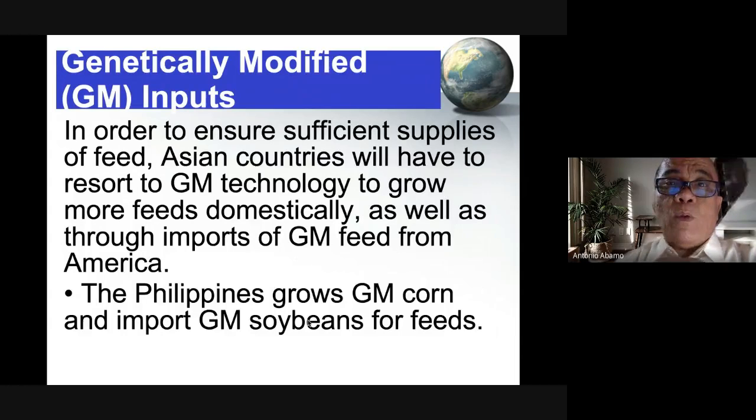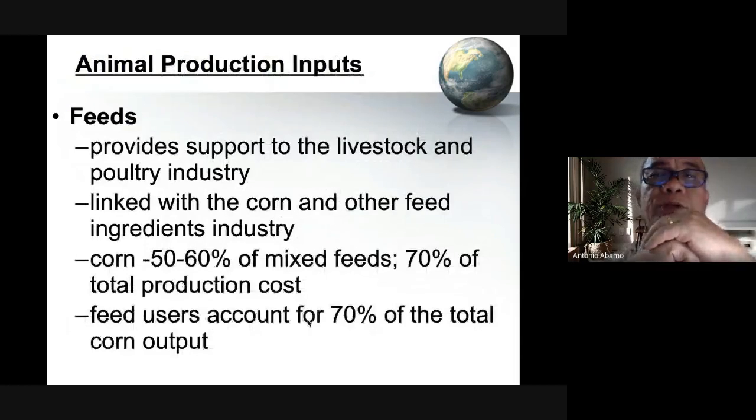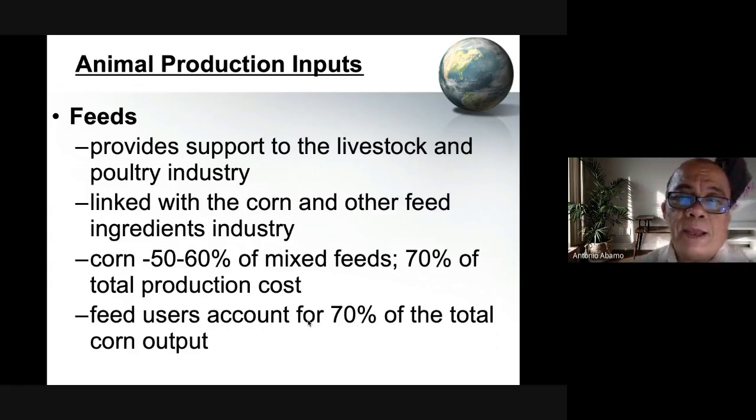Okay. Now we also have production inputs for feeds. For example, the feed industry provides support for the livestock industry, and it's linked with corn and other feed ingredients in the industry.